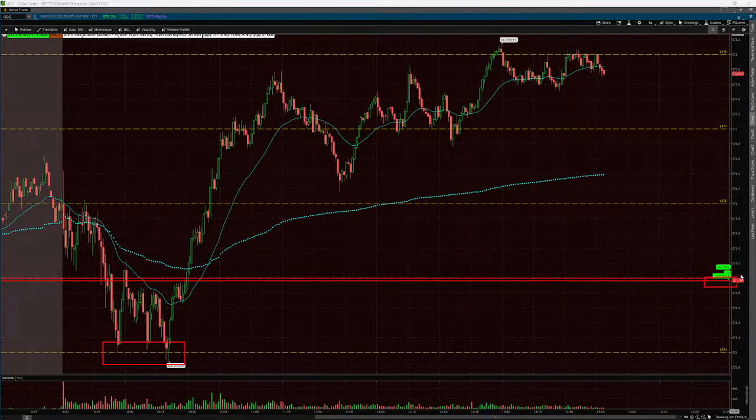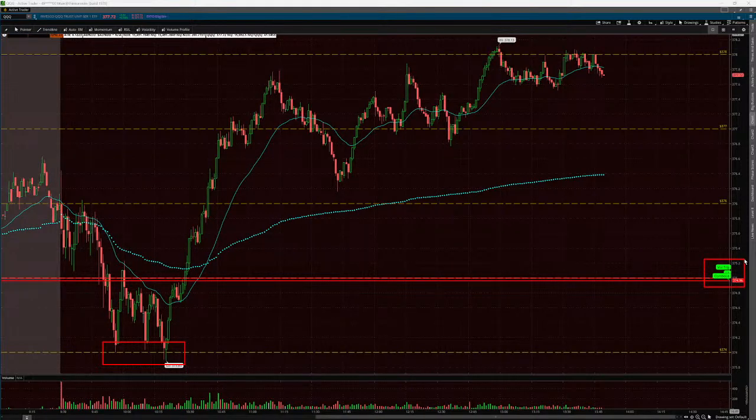Here's the volatility trigger at 375. QQQ trading above that. It looks like it may have found resistance at the 378 level. And note the call wall for QQQ is at 380.